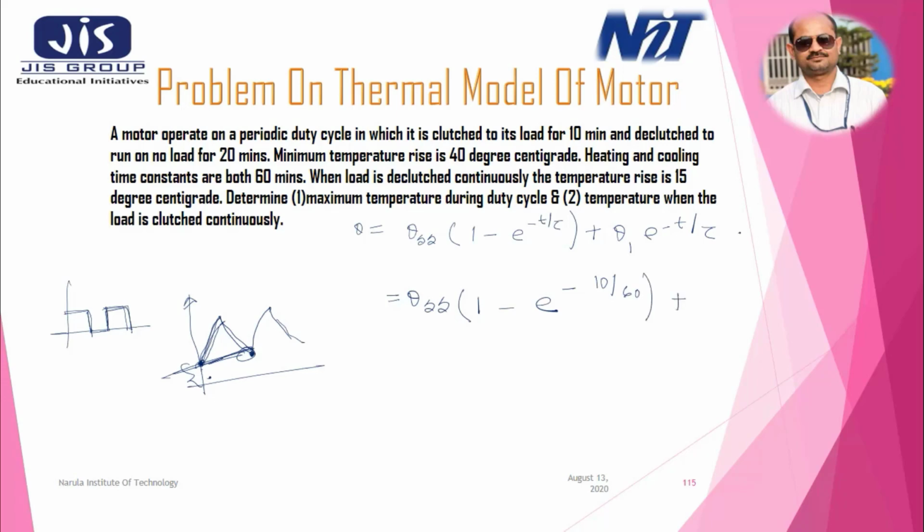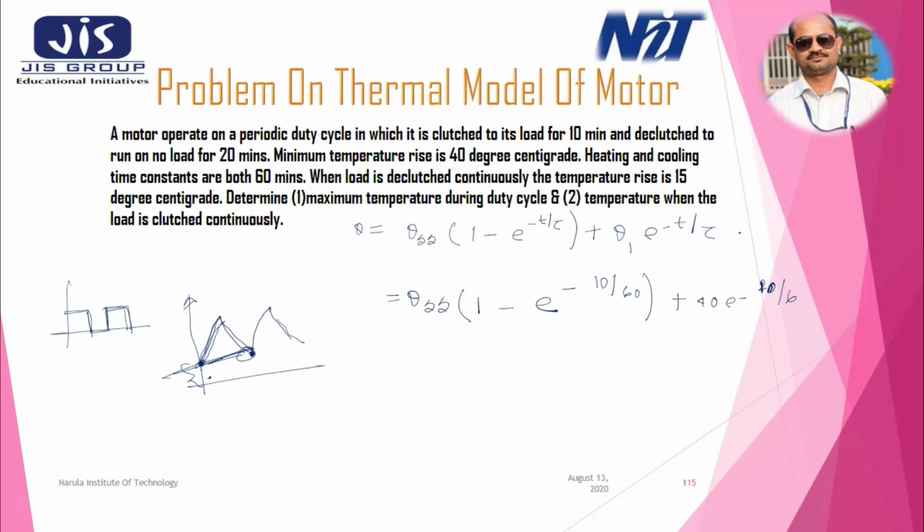Now theta 1 is given, yes, the minimum temperature rise is 40 degrees. So theta 1 is 40, e to the power minus t, the declassed time is 20 minutes. No, this is for the maximum temperature during the duty cycle, so it will remain 10, that is the load period.